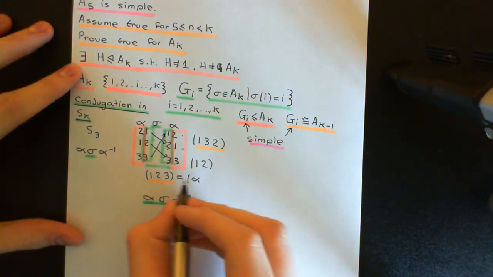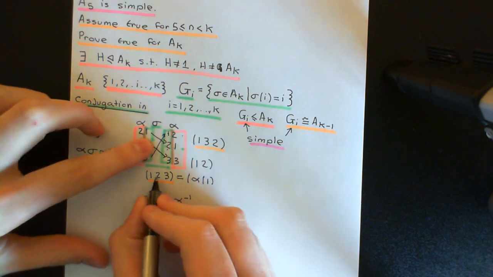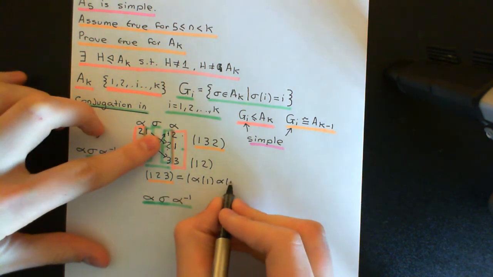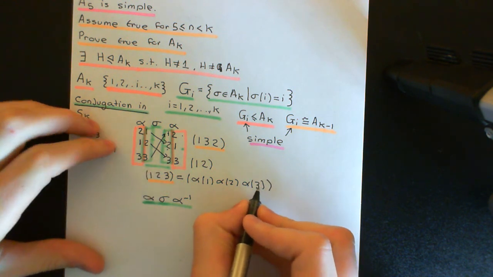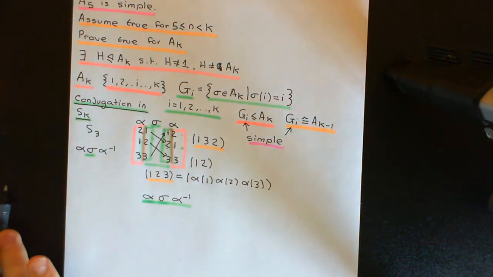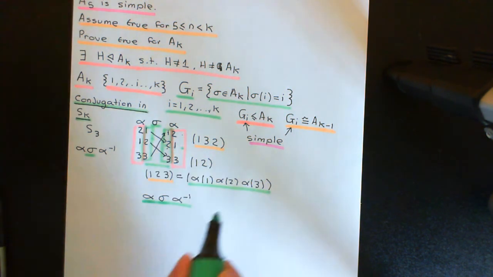All we now need to do is say, okay, 1 is now going to be called alpha of 1, 2 is now going to be called alpha of 2, 3 is now going to be called alpha of 3. Okay, so actually we don't need to change the cycle decomposition at all, apart from the fact that we need to relabel the elements as they've been relabeled by alpha.